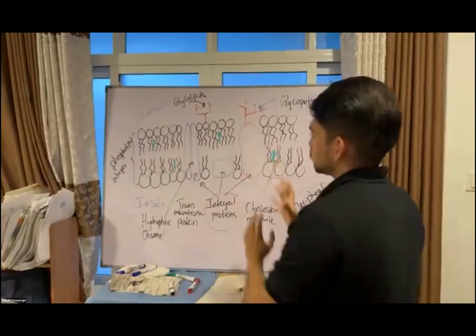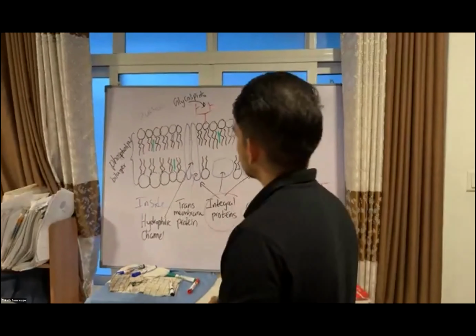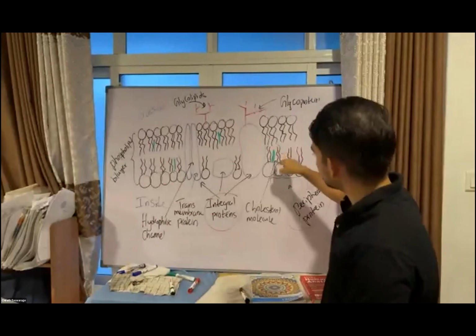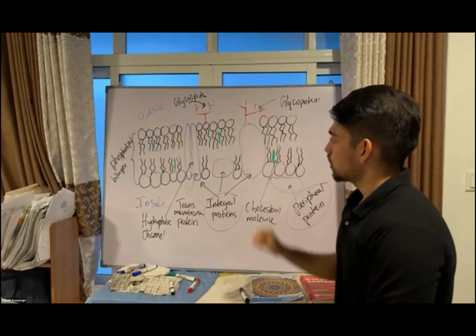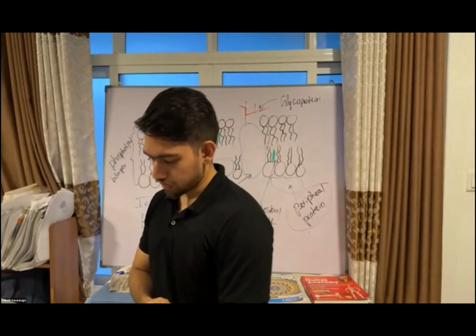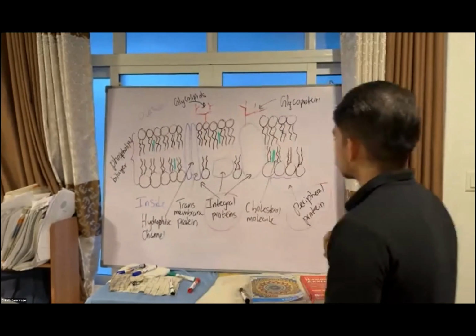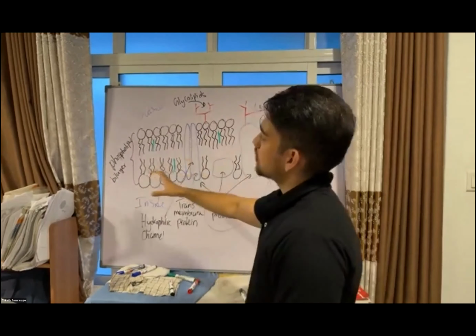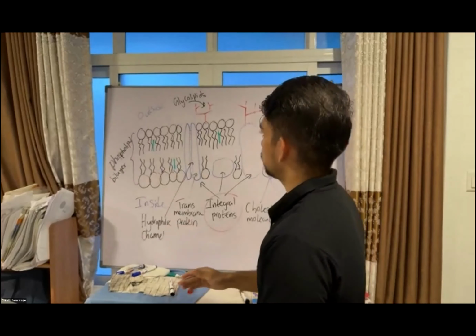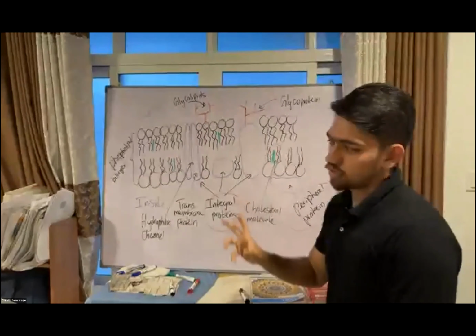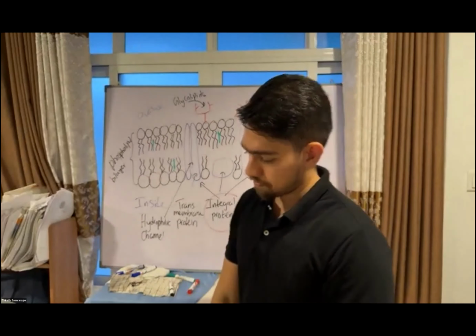The phospholipids are easy to lock into place. But having these random cholesterol molecules here and there is going to make that difficult, right? So when the temperature drops, it maintains membrane fluidity. Such an important feature. The cholesterol prevents the membrane from freezing. Okay.